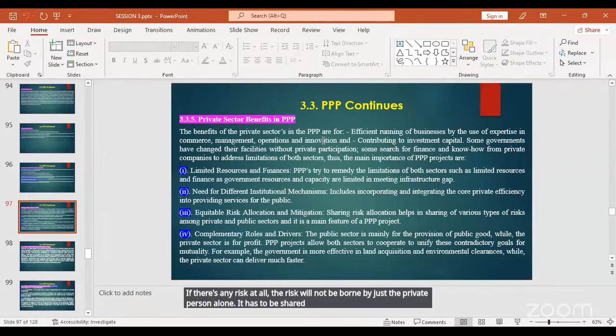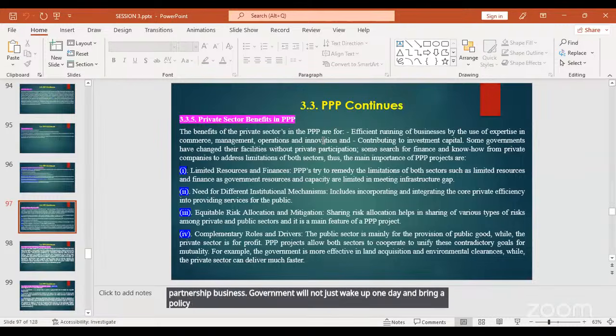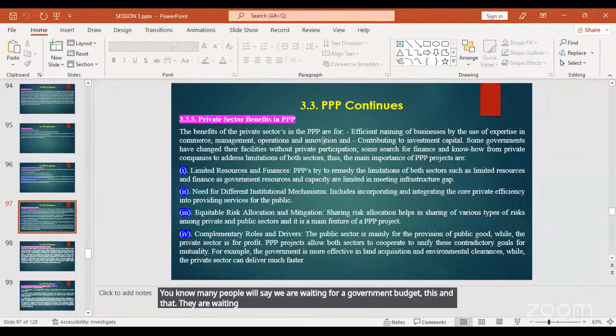And so when you are running a public-private partnership business, government will not just wake up one day and bring a policy in place to affect your business, because government is also part of that business. You know, many people will say we are waiting for government budget, this and that. They are waiting whether there is going to be any policy along the line that will affect their business.